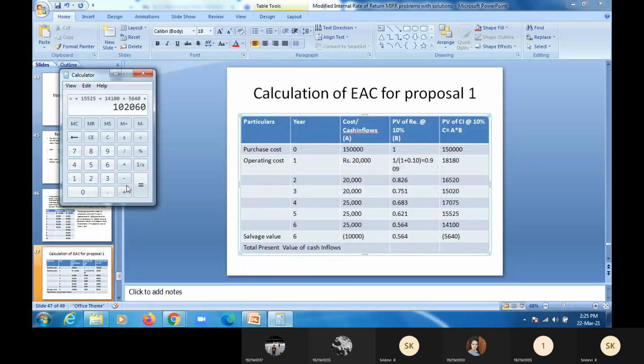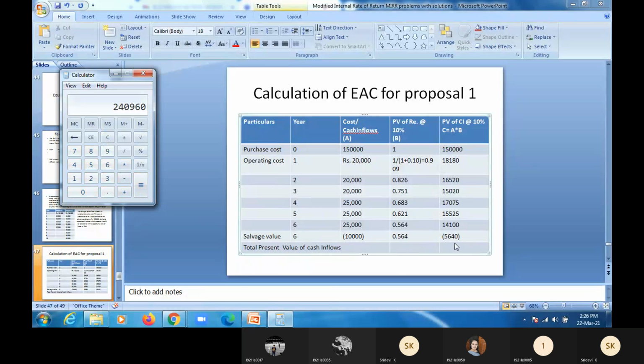Sorry, this is the salvage value, no? You have to minus it. Do minus 5,640. Since we already added it, you take it twice. Then add 1,50,000. Sum up all these values.